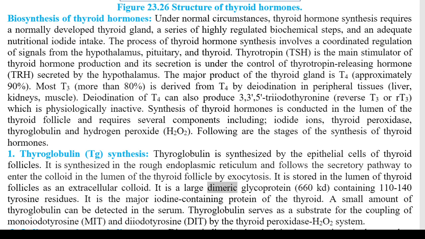It is a large dimeric glycoprotein, 660 kD, containing 110 to 140 tyrosine residues. It is the major iodine-containing protein of the thyroid. A small amount of thyroglobulin can be detected in the serum. Thyroglobulin serves as a substrate for the coupling of monoiodotyrosine, MIT, and diiodotyrosine, DIT, by the thyroid peroxidase H2O2 system.